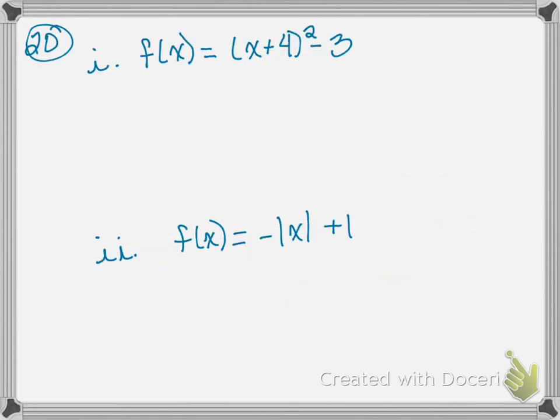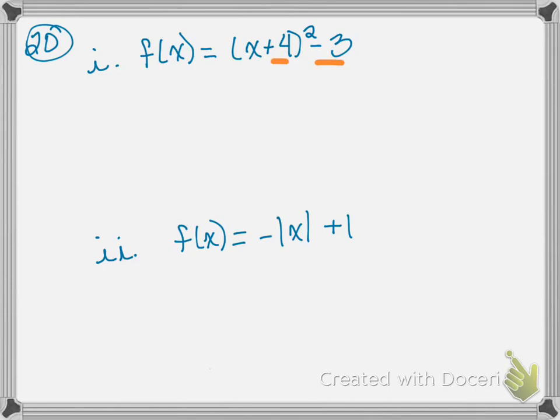Okay. Now, number 20 is asking us to name the parent function, describe the transformation that has taken place, and then graph that function. So in this one right here, we are going to focus on the plus 4 and the minus 3. And so the parent function is a quadratic or a parabola because we've got the squared.